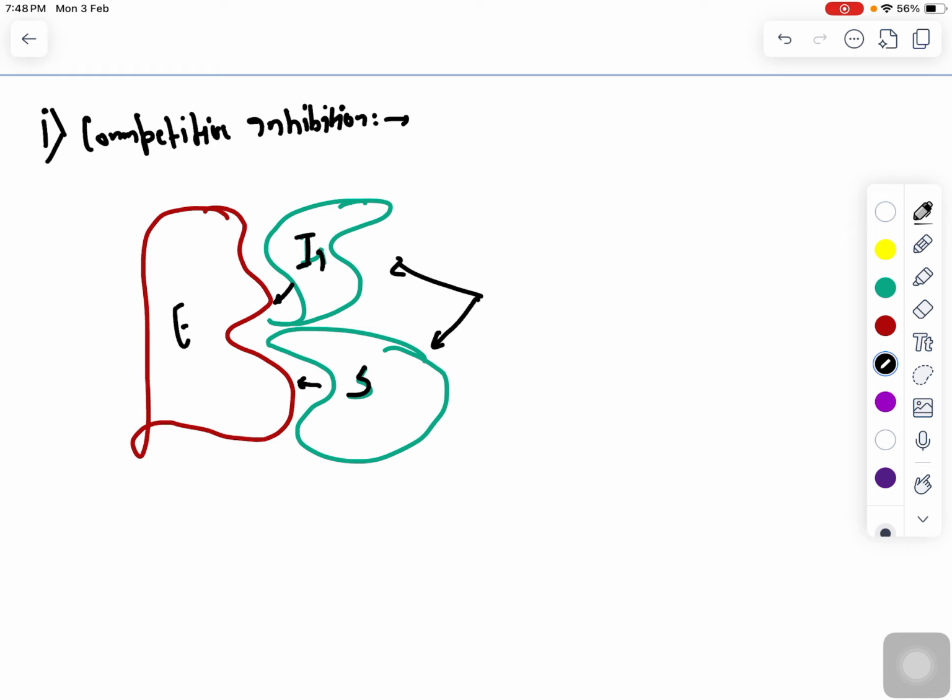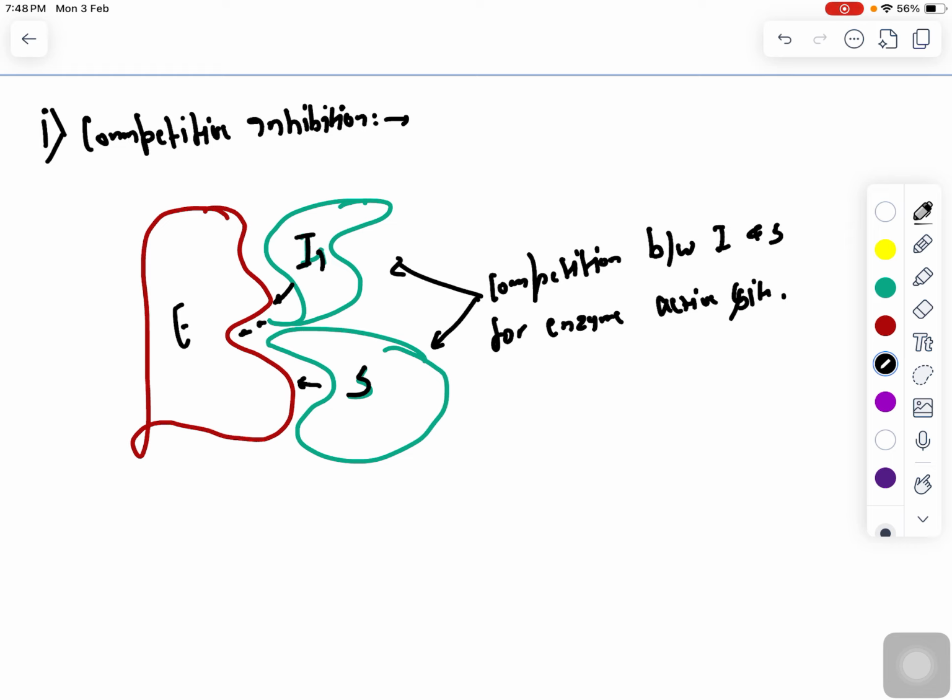So there is a competition between inhibitor and substrate for the enzyme active site. This one is the enzyme's active site, and the enzyme substrate complex reaction happens here. But due to the inhibitor, both are competing with each other in order to acquire that active site, right?